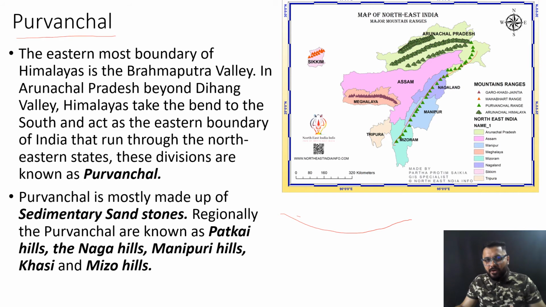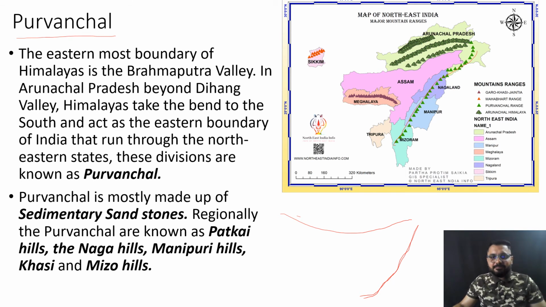After a point, they take a sharp bend. That range of Himalayas taking a sharp bend towards the south are called as Purvanchal Ranges.